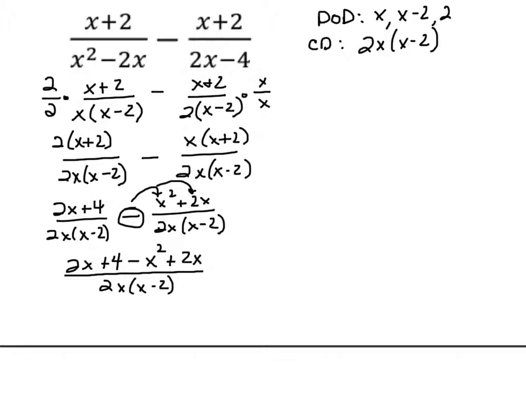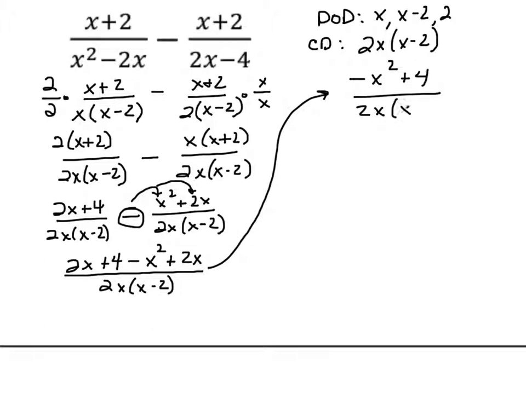Okay, when I simplify and combine my like terms up top, it becomes negative x squared plus 4 over 2x times x minus 2. Again, this is a negative 2 right there because we distributed the negative, and a positive 2.